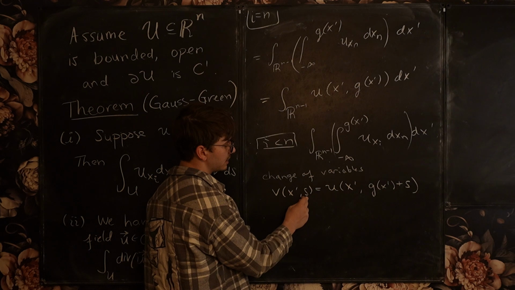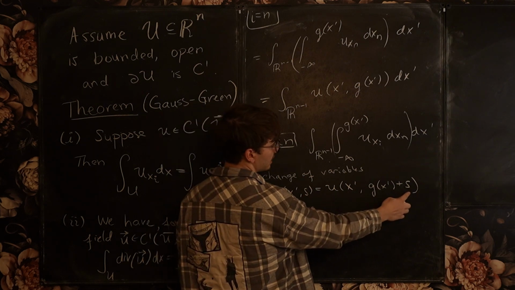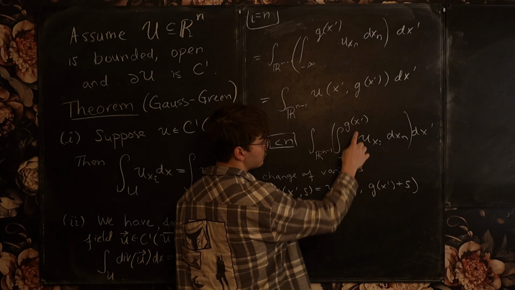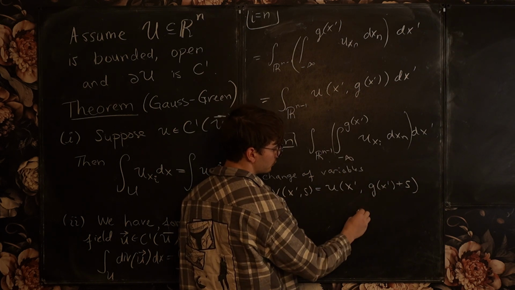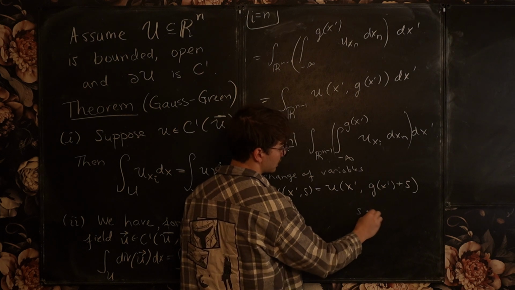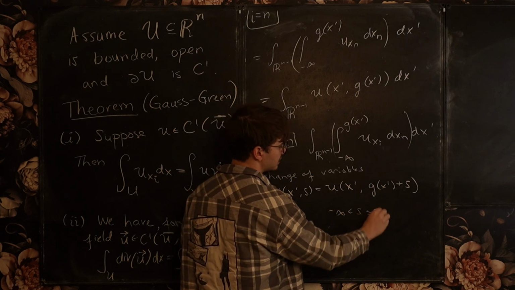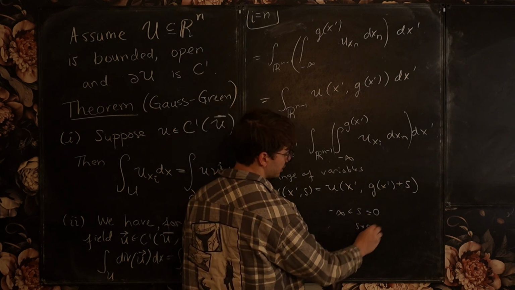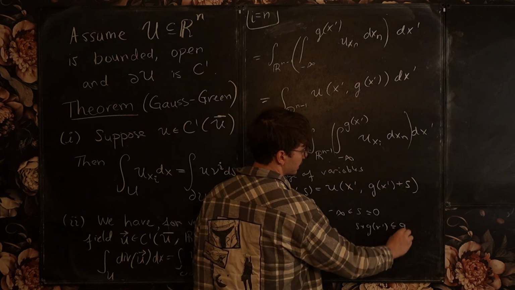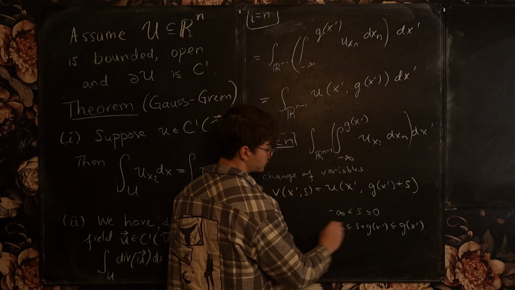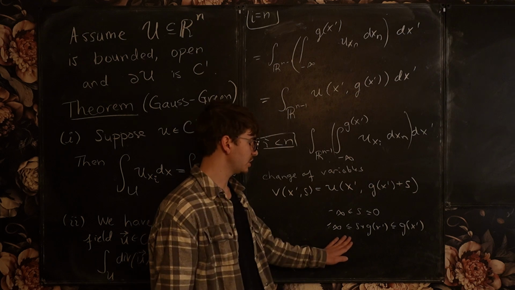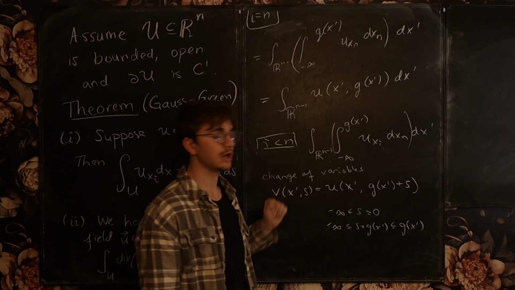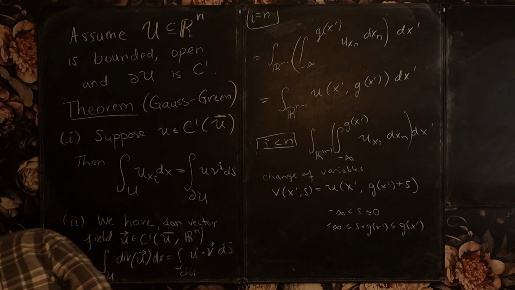Then my integral is going to turn from negative infinity to g into negative infinity to 0, because as s ranges from negative infinity to 0, the argument s plus g of x prime will range between g of x prime and negative infinity. So this change of variables is trying to get rid of the dependence on g in the upper bound of the integral.